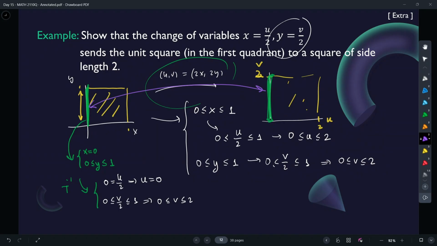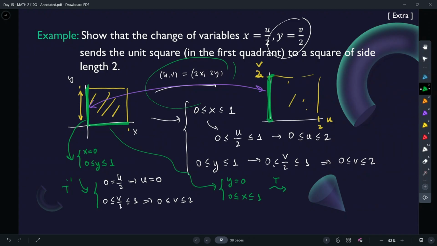And you can do it for every side, you can figure out where it goes just to have a sense of what the image is. I think with these equations, it's already telling me that the image is the square of side length 2. But you can check, for example, what happens to this side over here. This side over here is when y is 0 and x between 0 and 1.